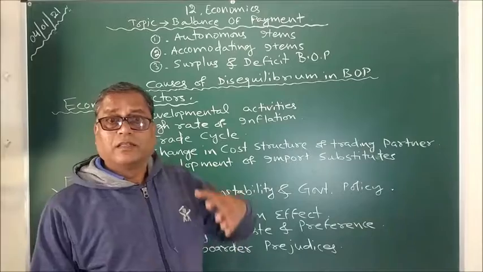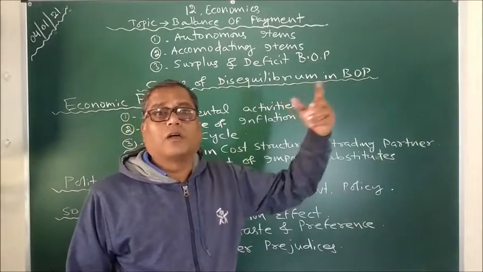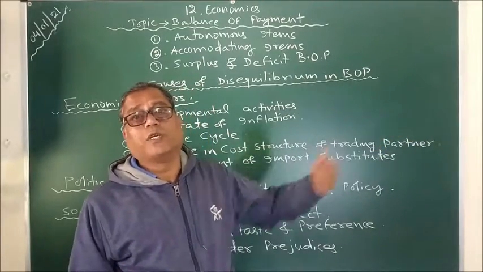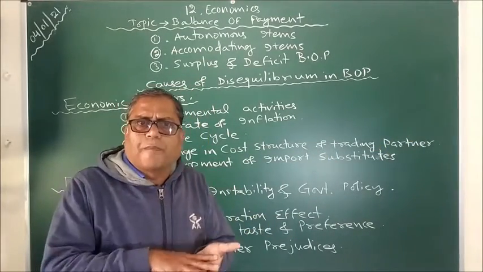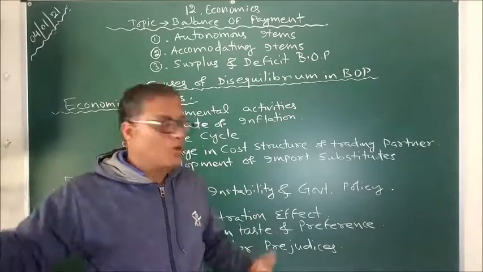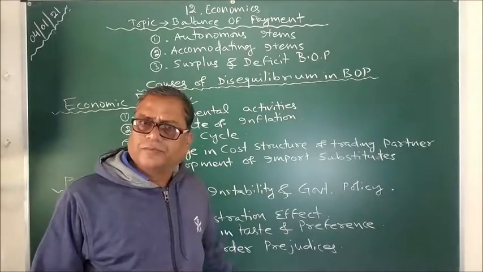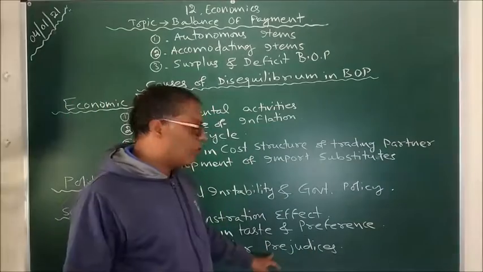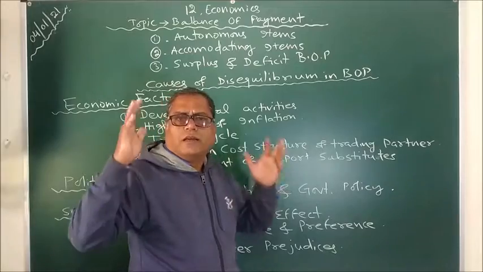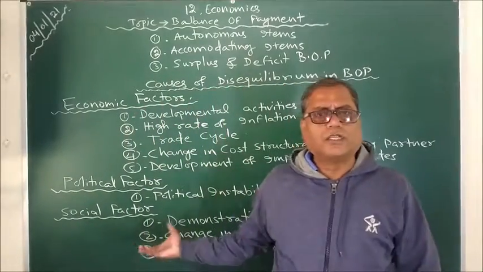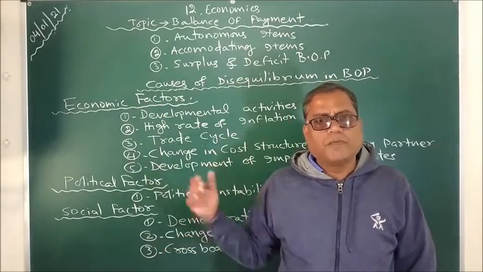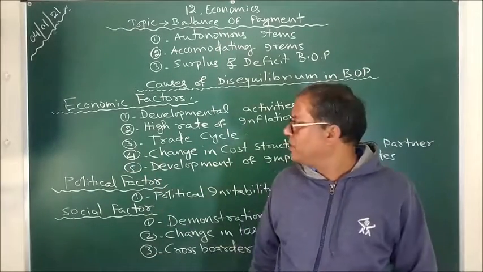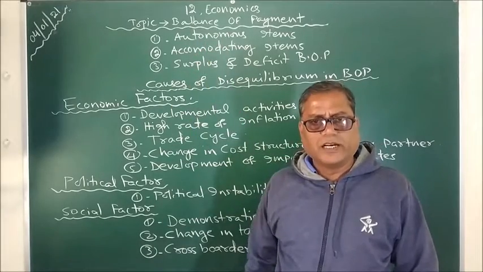Hence, we are buying the same onion from other countries, say Afghanistan, at 20 rupees per kilo. This sort of mentality is cross-border prejudice. And it is always due to cross-border prejudice that we become the loser, and the result is obviously a deficit balance of payment. So this is all about the chapter balance of payment and its different technicalities.